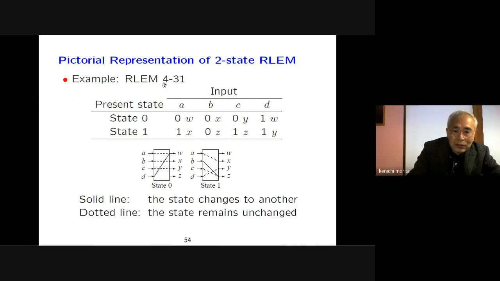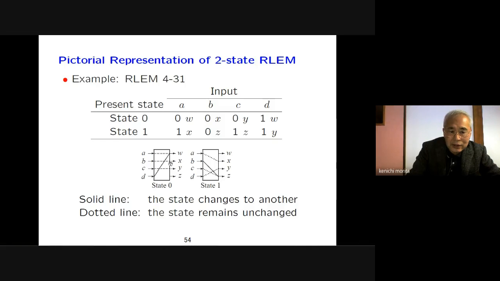And 431 has the following transition function. For example, if it is in the state 0 and the input is A, then the next state is also 0 and the output is W, and so on. Such a transition function is depicted in a graphical form in this way.